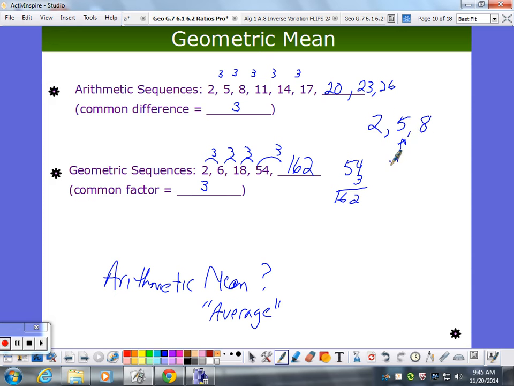You pick 3 numbers. The one in between is the arithmetic mean, isn't it? What's 2 plus 8, divided by 2? 5. It's true for all of them. If you look at the 5 and the 11, add them up, divide by 2, you get an 8, because 16 divided by 2 is 8. So it's the average. The one in between is the average of the 2 numbers around it, or you could call it the arithmetic mean of the 2 numbers around it.